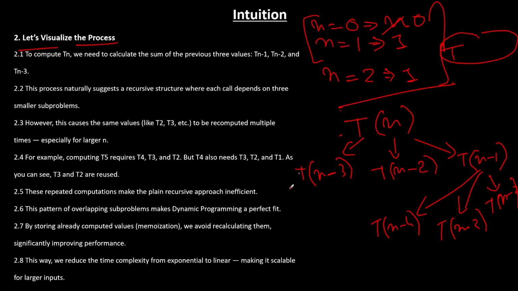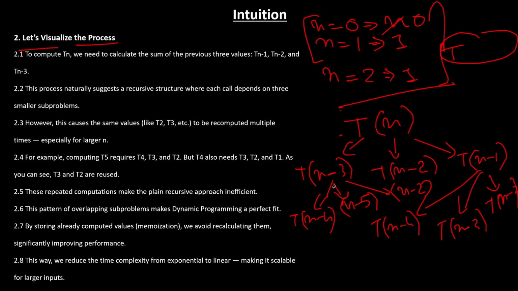Definitely, to calculate this t of n minus 3, we will require t of n minus 4, n minus 5, and n minus 2. Correct? Similarly, t of n minus 2 will require t of n minus 1, then n minus 3. So similarly, to calculate t of n minus 2, we will do the same.